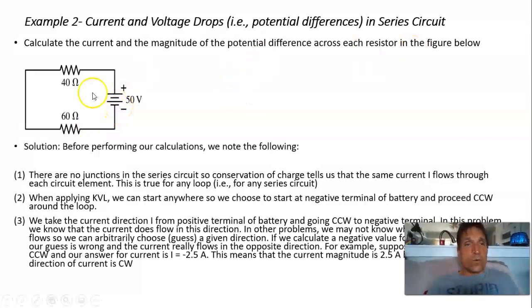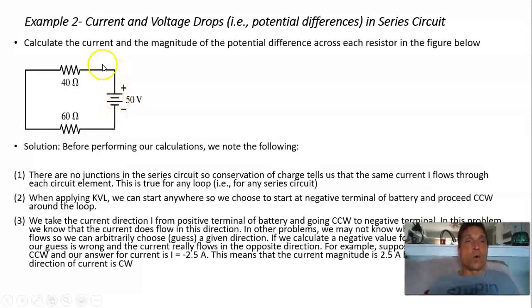So what this means, we know that the current flows from the positive terminal through the circuit, through the wire, and back to the negative terminal. So we know that the current flows counterclockwise in this circuit. Okay? So if we know the direction that the current flows, it's easiest if we just start going around the loop in that direction of the current flow.